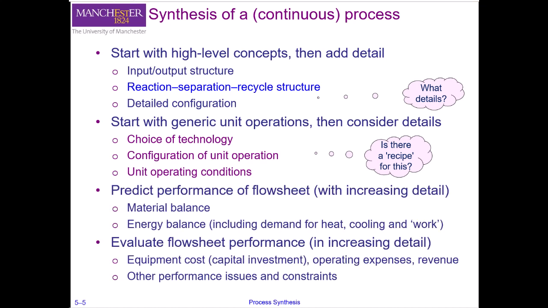In order to evaluate whether the proposed flowsheet meets our needs and satisfies the constraints, we need quantitative information. So we draw on our chemical engineering techniques of carrying out material balances and energy balances. Knowing the flows of material and energy helps us understand some aspects of the flowsheet performance.